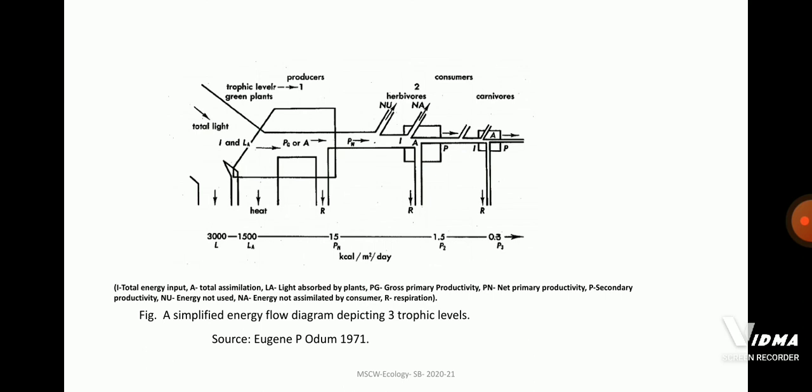As we know, the first law of thermodynamics states that energy can neither be created nor destroyed, but can simply change from one form to another. The first law can be seen operational in the living system when we study energy flow.